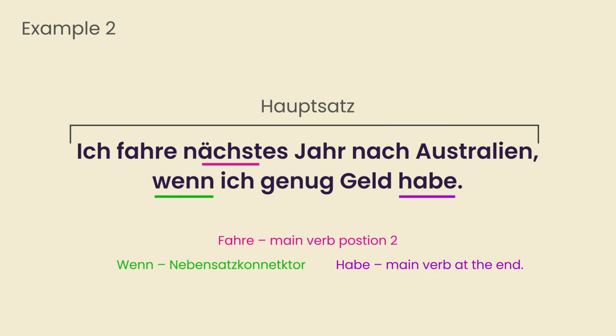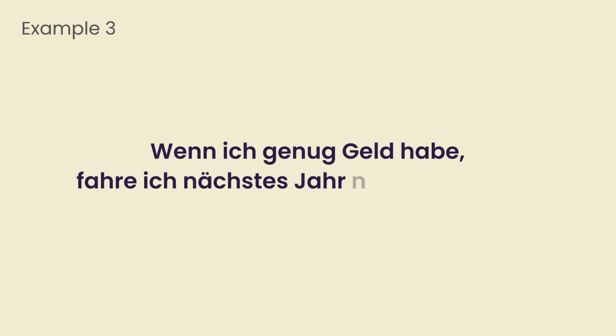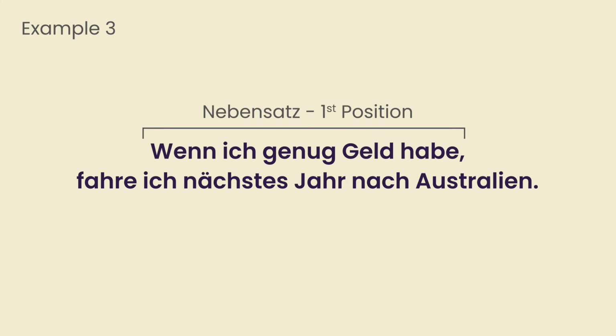I'm going to use the same sentence where I'm going to write the Nebensatz as the first component of a sentence, followed by the Hauptsatz. Just look at your screen. Wenn ich genug Geld habe, fahre ich nächstes Jahr nach Australien. I hope you remember when you write this kind of a structure, the entire Nebensatz, that is wenn ich genug Geld habe, will be taking the first position.